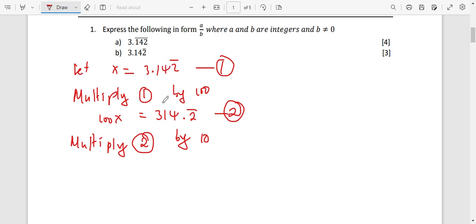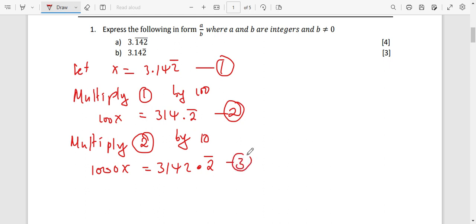So multiply by 1000. So since we're multiplying equation 2, 100 times 10, that would be 1000x. And then 314.2 times 10, that is going to be 3142. Put a decimal and just write the 2 again. Okay?